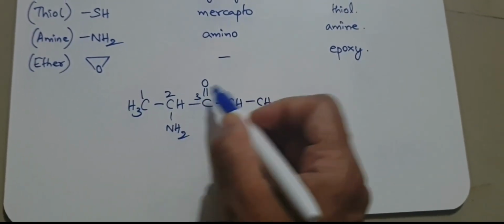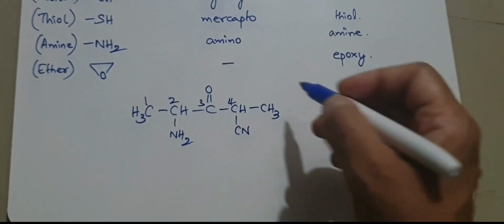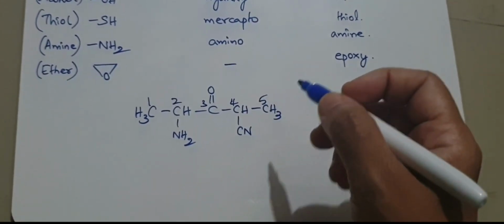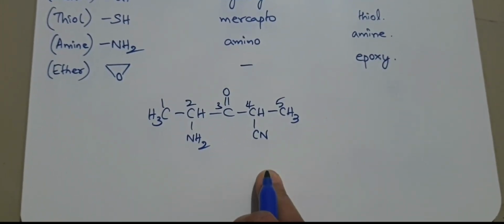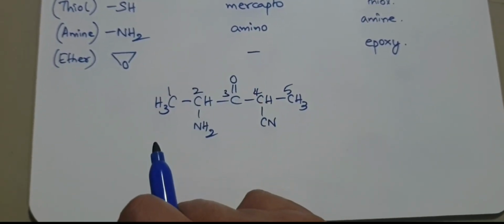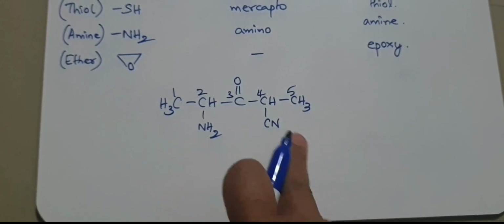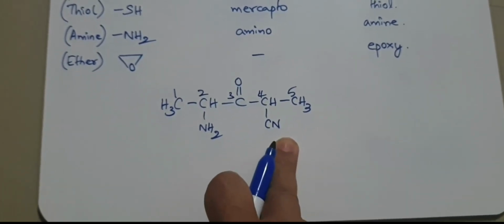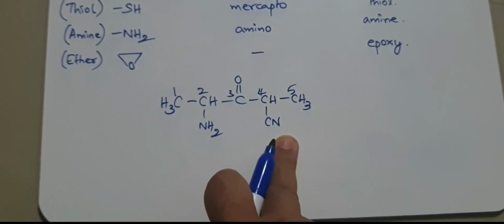1, 2, 3, 4, 5. Okay. And now, which is the functional group here? CO is the functional group, and NH2 and CN will act like substituents.